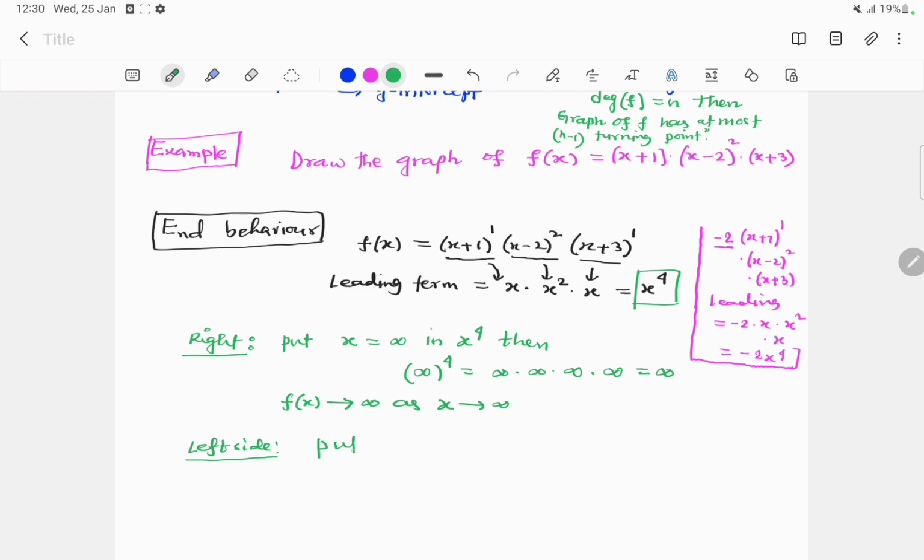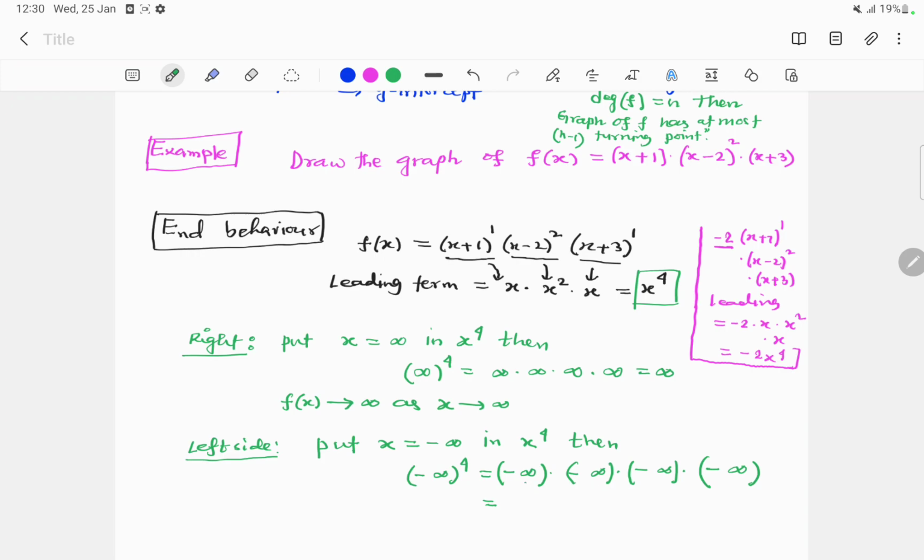For the left side, we have to put x equal to negative infinity in the expression x to the power 4. Firstly we have to check what we get. If you put negative infinity in place of x, then it is negative infinity times negative infinity times negative infinity times negative infinity. You can use parentheses because of the negative.